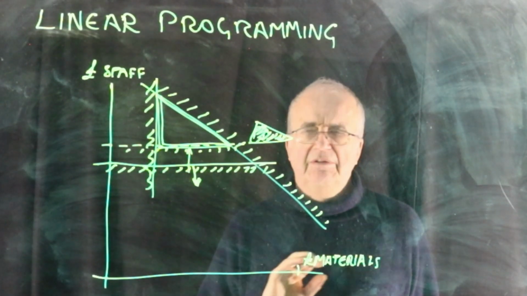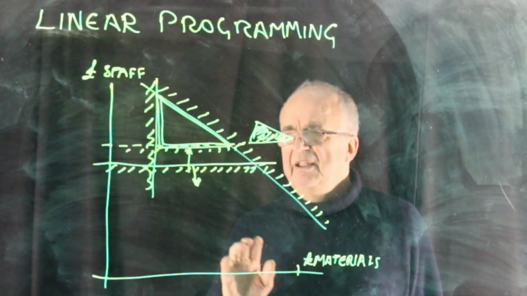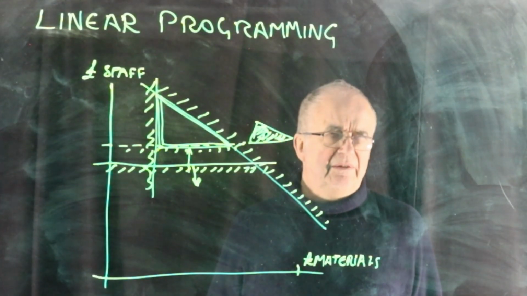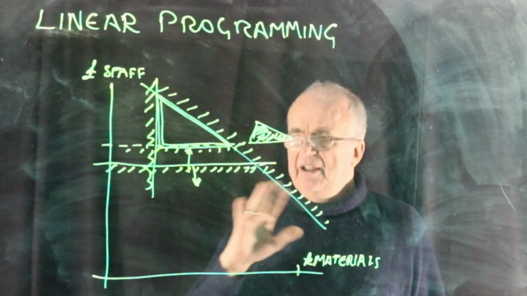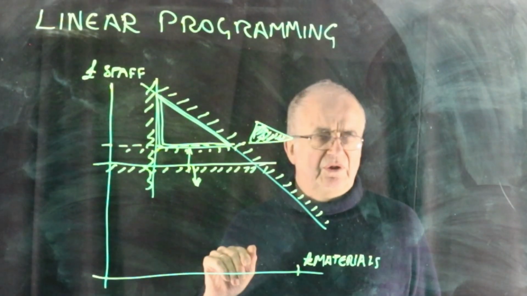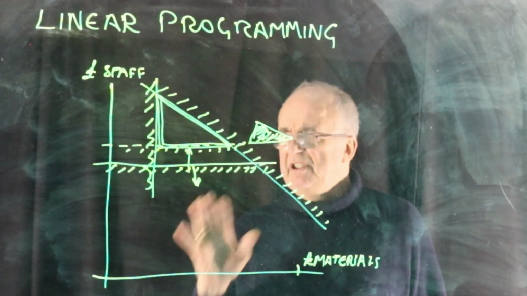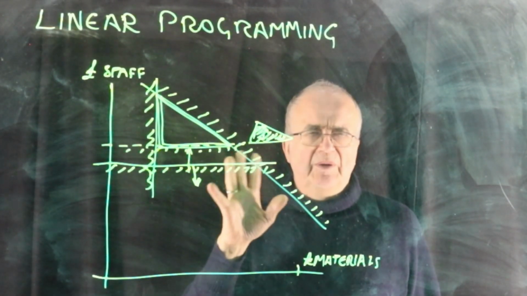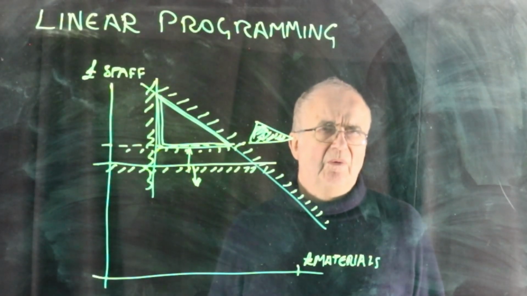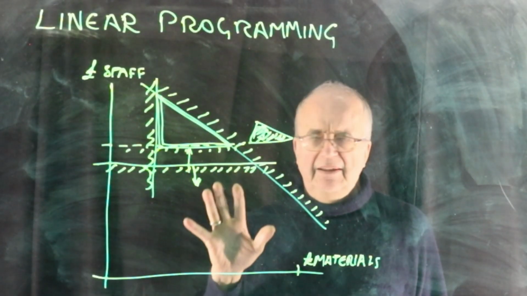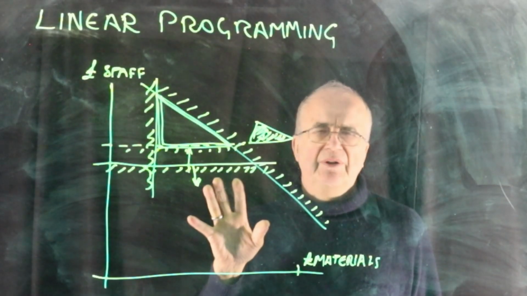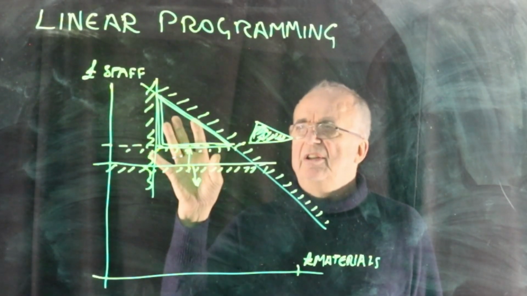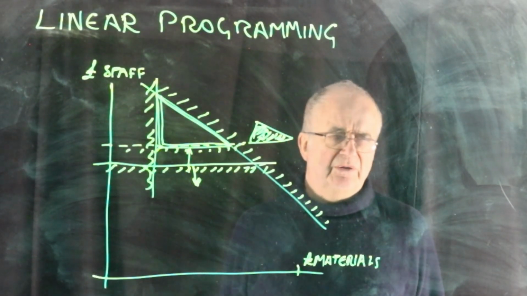Staffing costs, material costs, building costs, legislation on health and safety, nutrition of school meals, whatever it is, there'll be various different elements that contribute to and constrain what the school can do. And this is a way of seeing how they directly impact upon the operation and the operational area within which a school can operate.